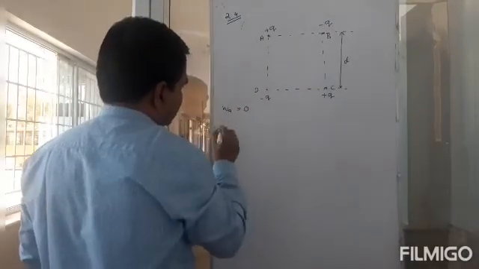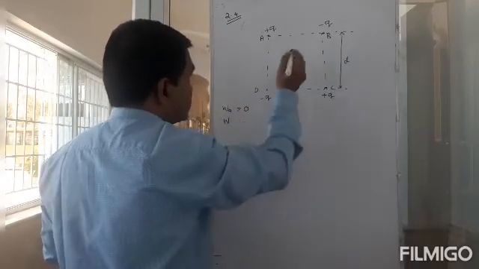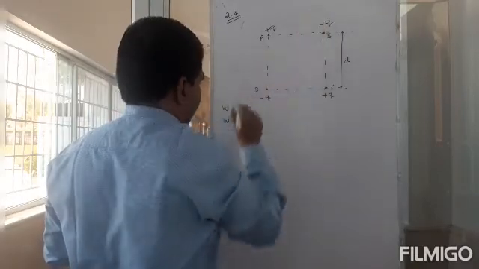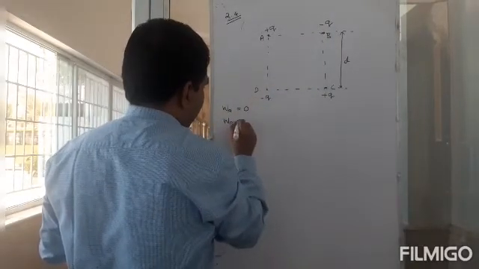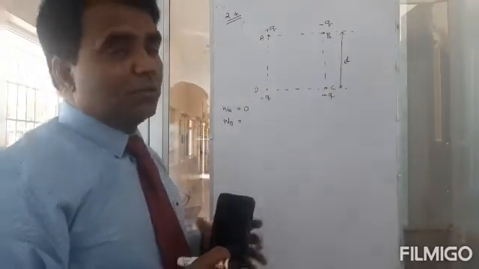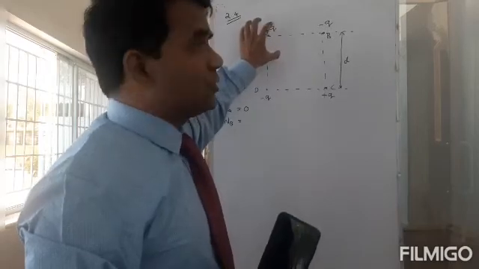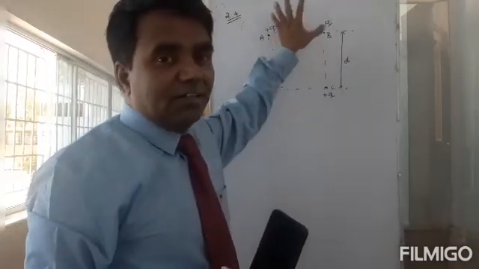Okay? Fine. Then what is the work I need to do to bring minus Q to position B? Well, now you already have Q in that place, so it will set up a field there.